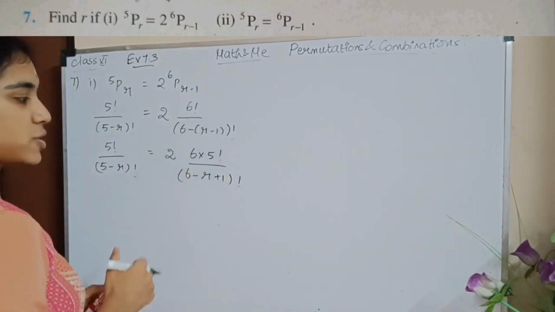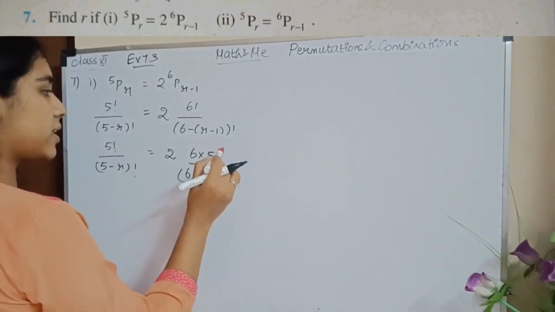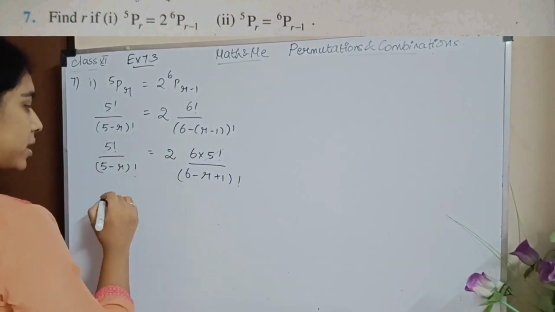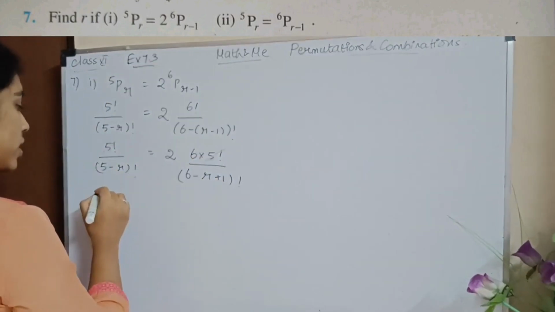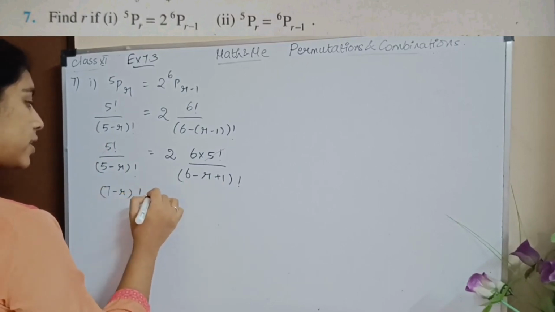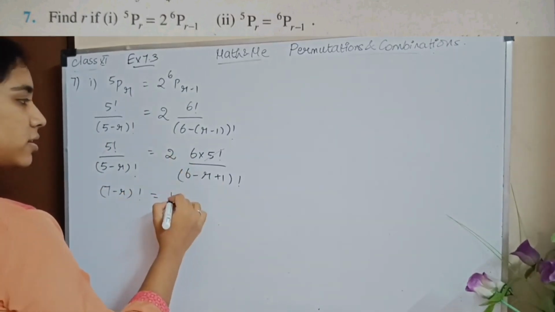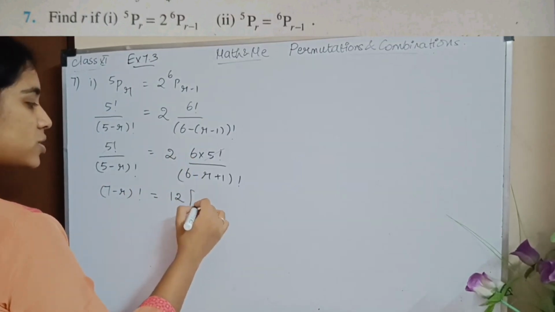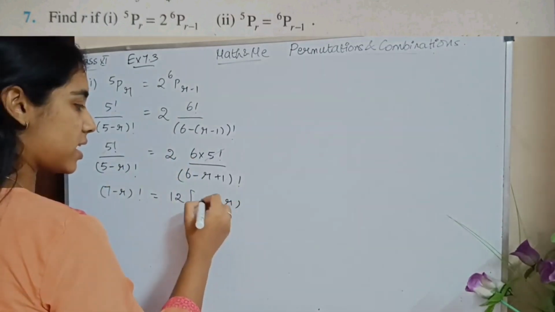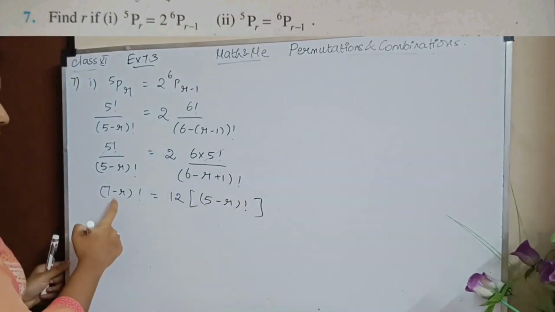The 5 factorial and the 5 factorial will get cancelled, so I'll be left with, cross multiplying, (6 minus r plus 1), which is (7 minus r) the whole factorial, equals 6 twos are 12, don't forget the 6, 12 times (5 minus r) the whole factorial.